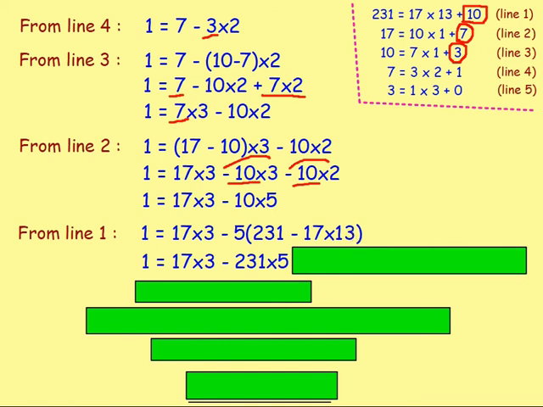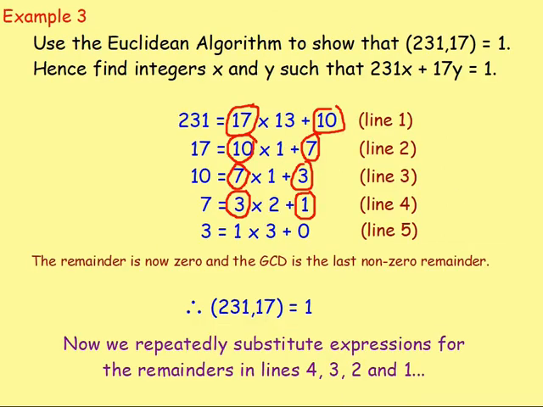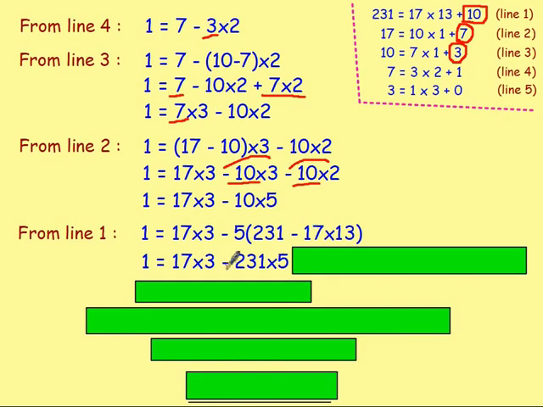Now just remember, if you switch back, what we want to do is we're wanting to find integers x and y such that it's 231 and 17. So we're really wanting to leave the 231 and the 17, so we can leave this 17. So what we can do though is the 13s, we don't want them, so we can just put the 5 times the 13 together.